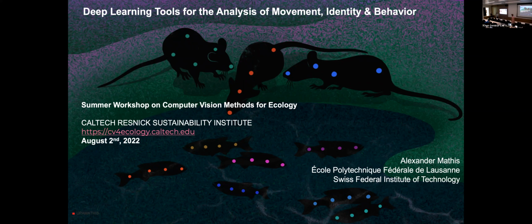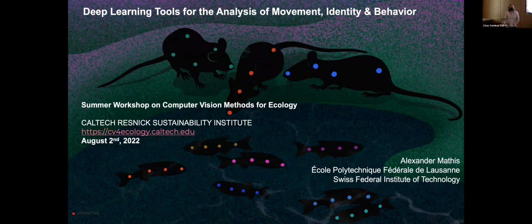So we are incredibly lucky today to have Alexander Mathis joining us from EPFL in Switzerland. Alex has done a lot of really amazing work in animal movement estimation, pose estimation, and specifically behavior categorization. His background is in computer science, but he works a lot with neuroscientists as well as ecologists on lots of different stuff.